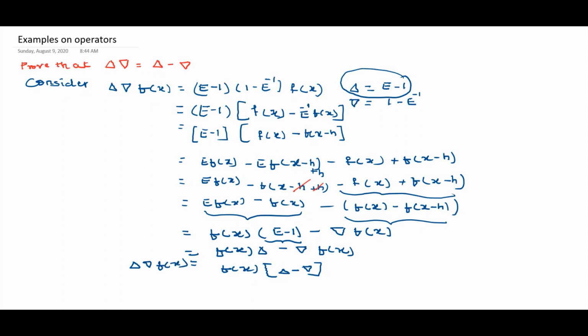Now this f of x on the left hand side and f of x on the right hand side get cancelled. At last we are left with delta into del is equal to delta minus del, which is the required solution.